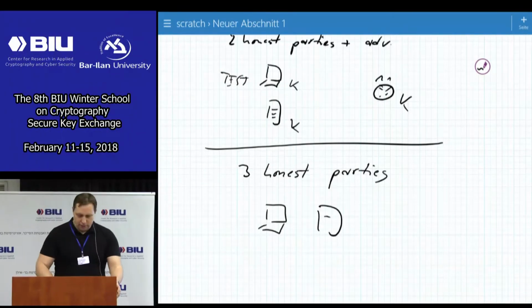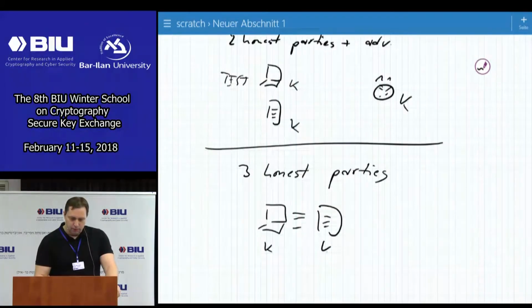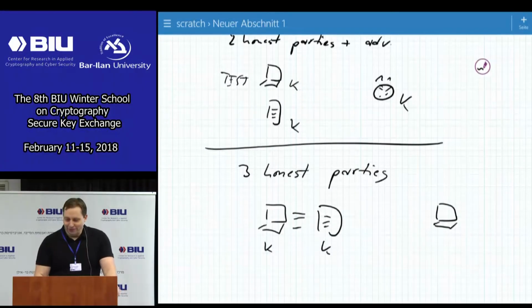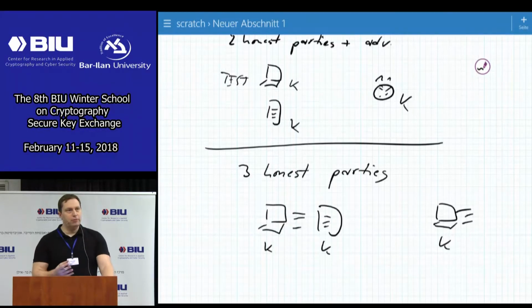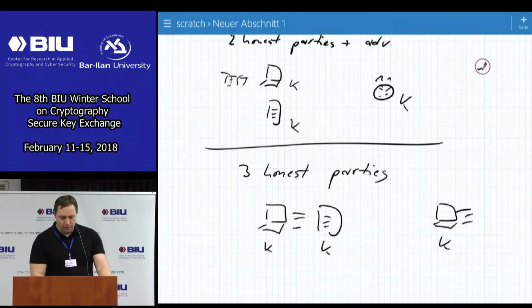Okay, there's one case: two honest parties plus the adversary, right? So they hold the session key, and then the adversary does too. Now that's a bad thing, right? If the adversary knows the key of these two guys, it's broken, essentially. It's definitely broken, right? You can test these and just compare it to the key which you as the adversary have in mind. Okay, that's the easy case.